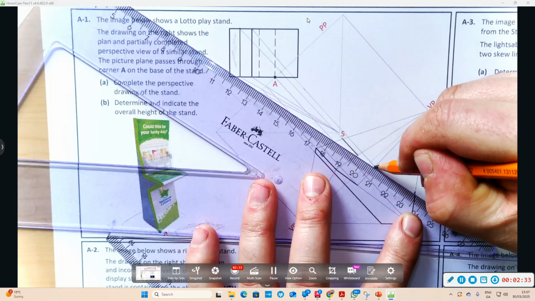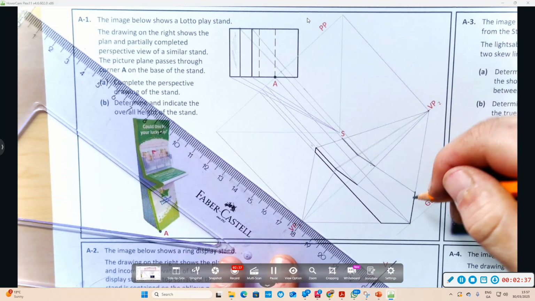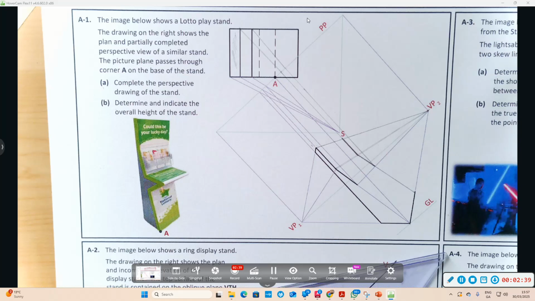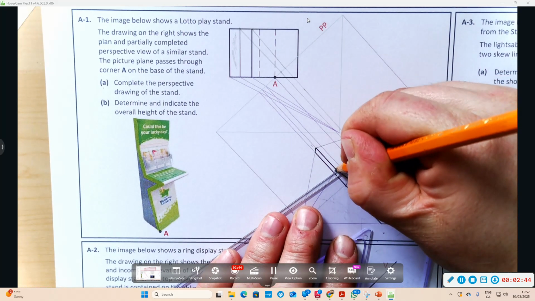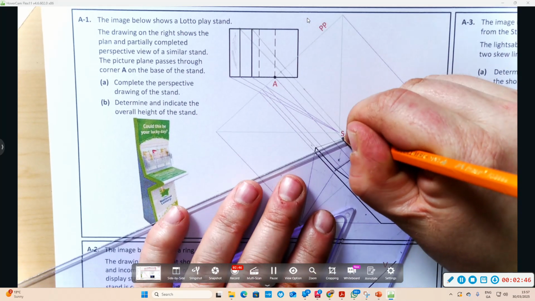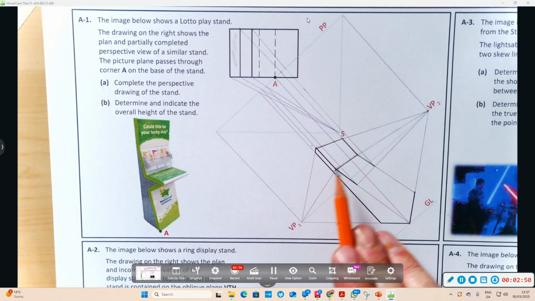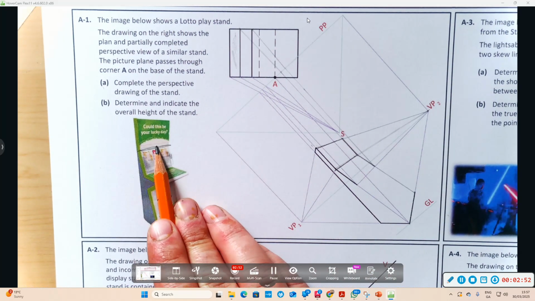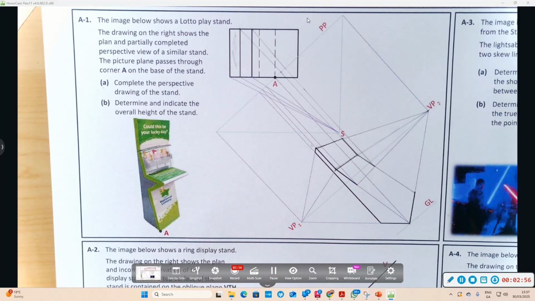Then we can join that through, and it's safe to assume that's the end of the base. We're going to heavy this line in here, and this one up here. So we have the top of the stand done, and we have that line on the stand done.